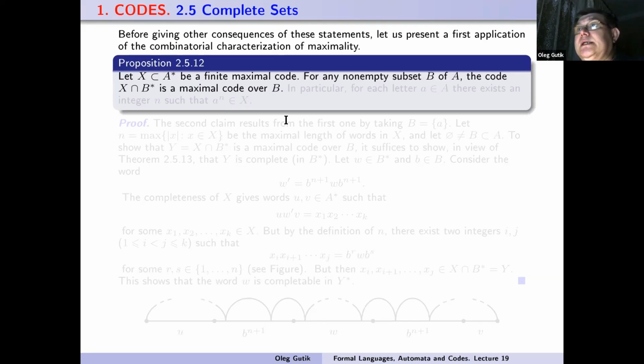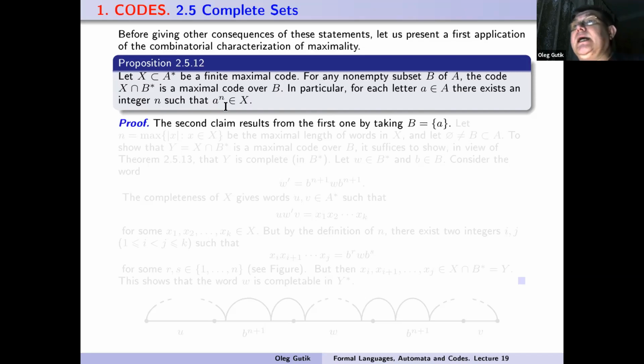For any non-empty subset B of the alphabet A, the code X intersection B star is a maximal code over the alphabet B. In particular, for each letter a from the alphabet A, there exists an integer n such that a to the power n belongs to X. The proof: the second claim results from the first one taken.